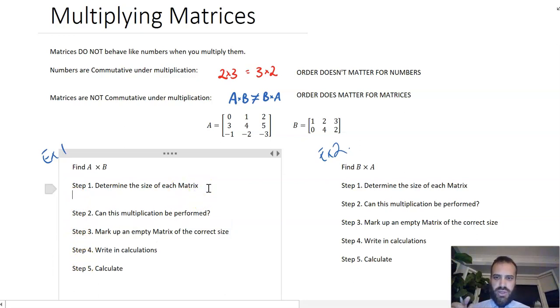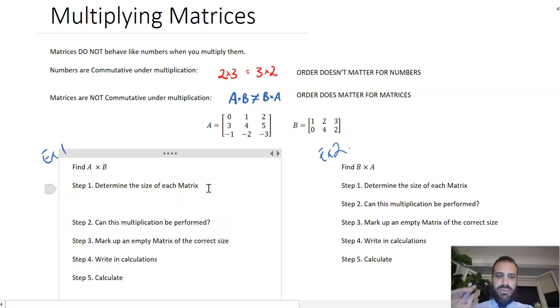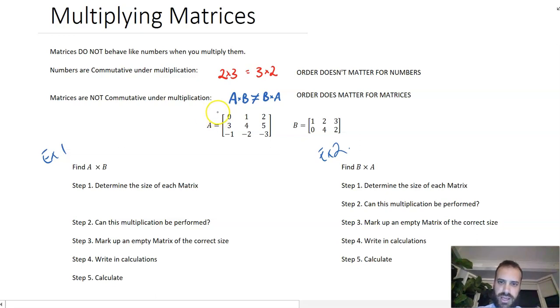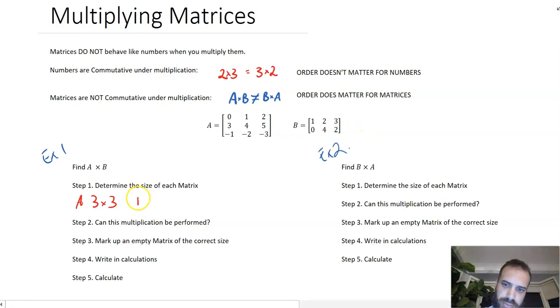First, determine the size of each matrix. A has 3 rows and 3 columns, so A is a 3 by 3 matrix. And B has 2 rows and 3 columns, so B is a 2 by 3.